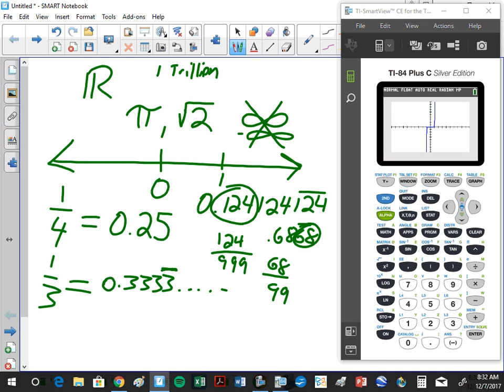Well, there's another number that shows up every once in a while that's also not on the number line. And that number is the square root of -1. So what number times itself is -1? Well, 1 doesn't work. 1 times 1 would be 1, so that's out.